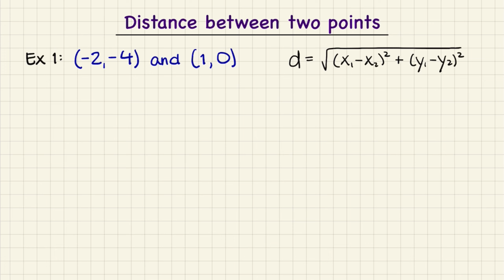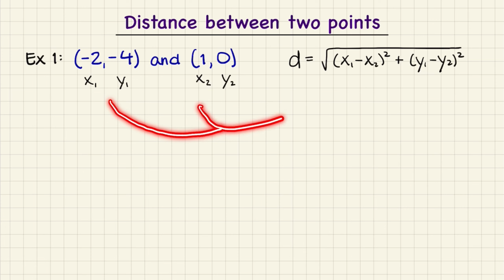So all of that is under the square root. So the first thing we want to do is label our points. So let's label this x1, y1, and x2 and y2. And now that we have it labeled, all that we need to do is plug these into our formula.